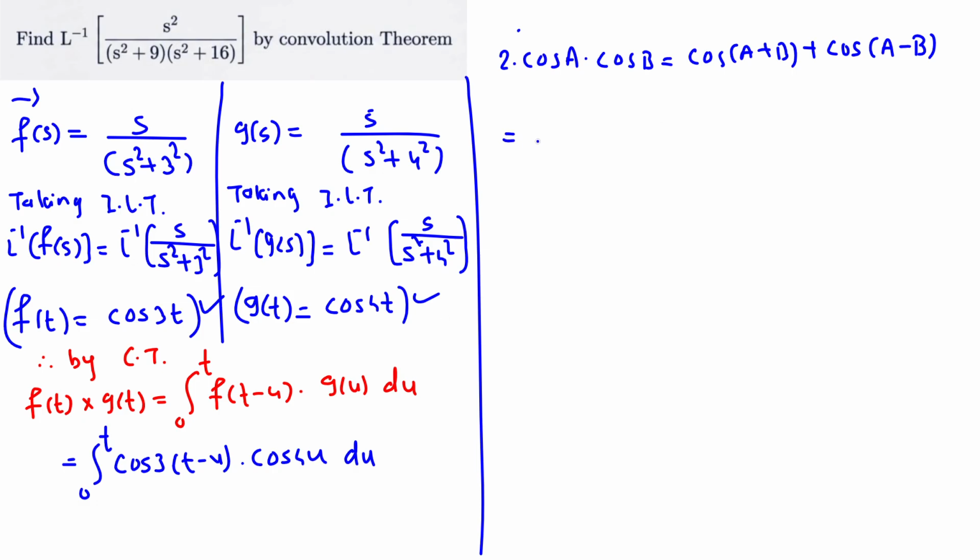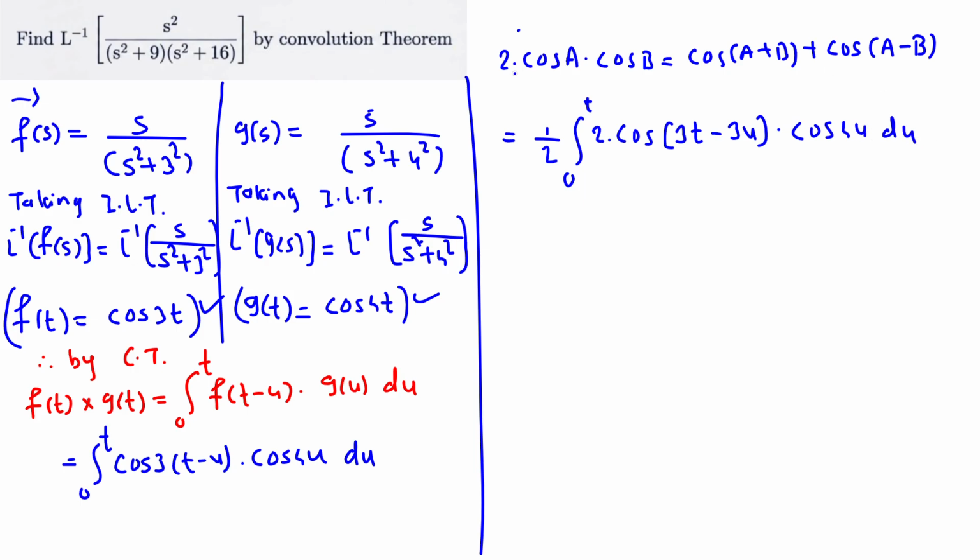So for that I'm just multiplying and dividing this equation by 2. So integral 0 to t, 1 by 2 into 2 cos, I have just multiplied and divided by 2, and cos 3(t minus u) is there, right? Multiply 3 inside, so you will get 3t minus 3u, into cos 4u du.